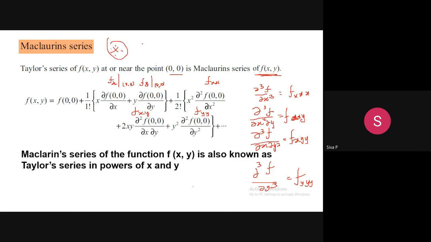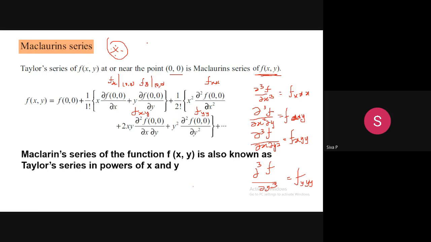The Maclaurin series is a reduction of the Taylor series actually. When you substitute a equal to 0, b equal to 0, then it is the Maclaurin series. It may be asked at the point (0, 0) or in powers of x and y. Okay, fine.